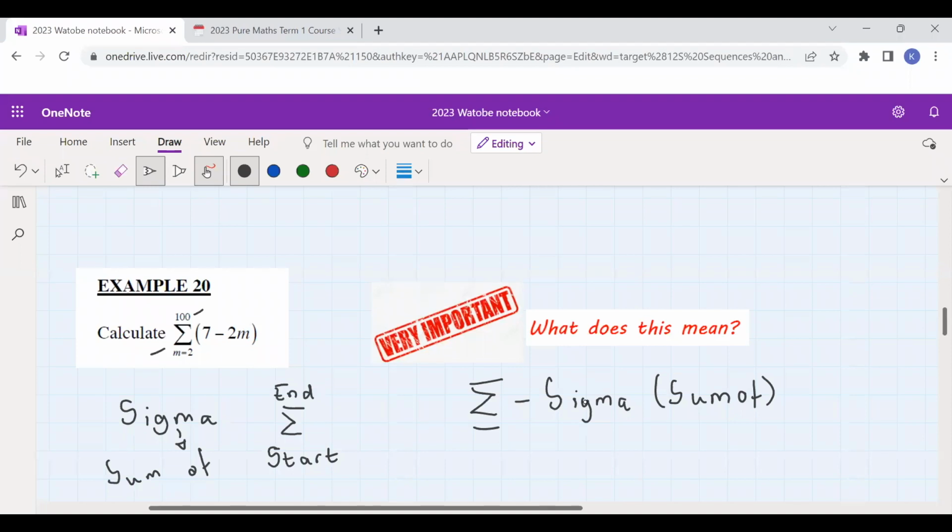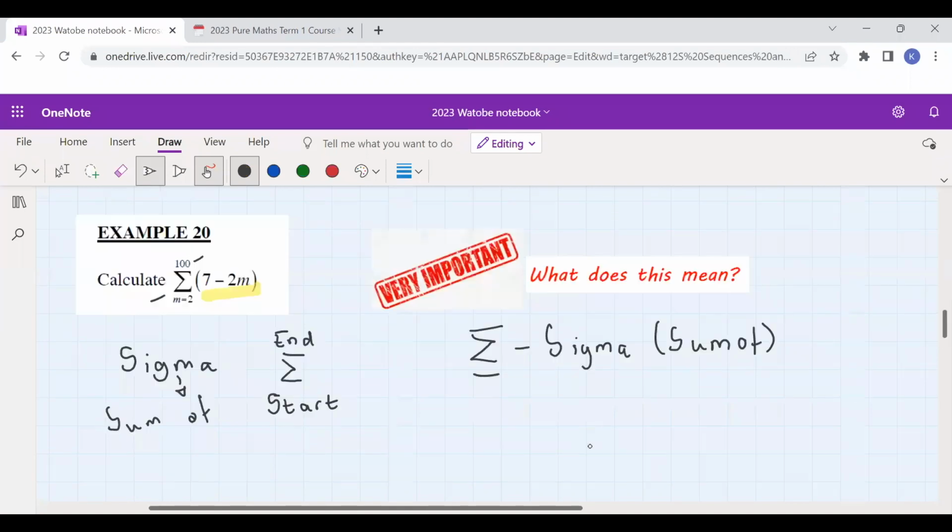Okay, so then what's next to the sigma notation symbol will be a bracket. In our case, our bracket is 7 minus 2m. So it will say calculate the sum of a series where you substitute m into 7 minus 2m.